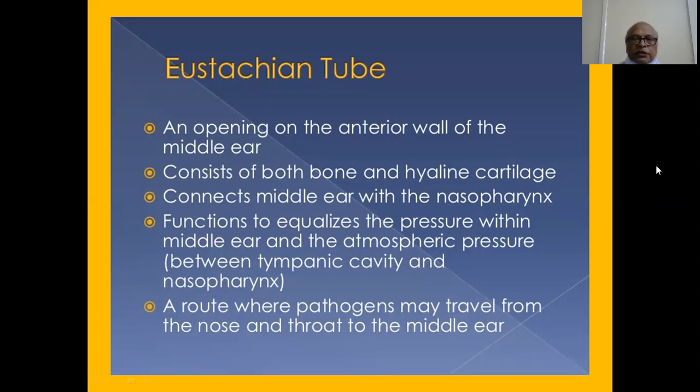The free surface of the C is occupied by the tensor palatini muscle. What is the action of tensor palatini muscle? It opens the eustachian tube for the aeration of the middle ear cavity.